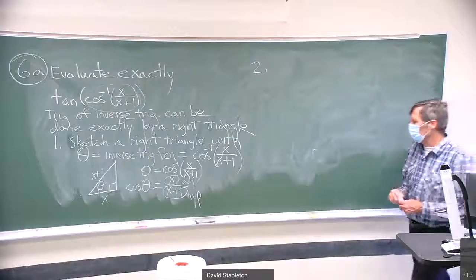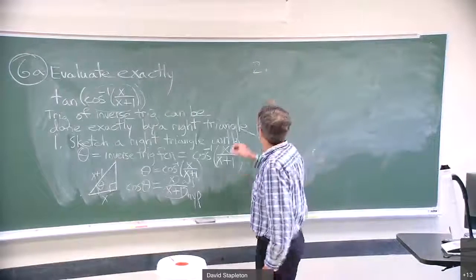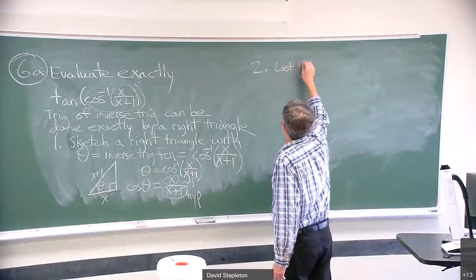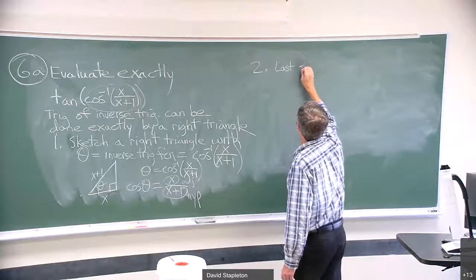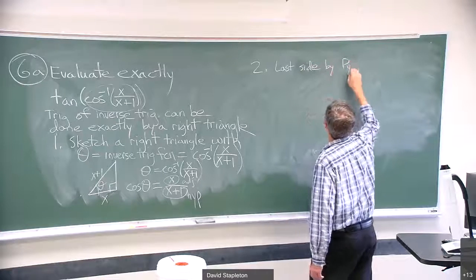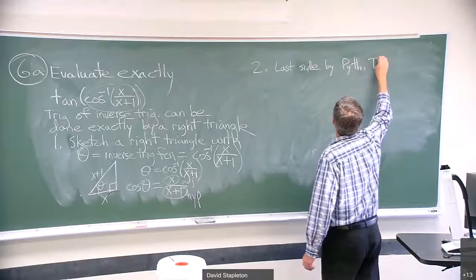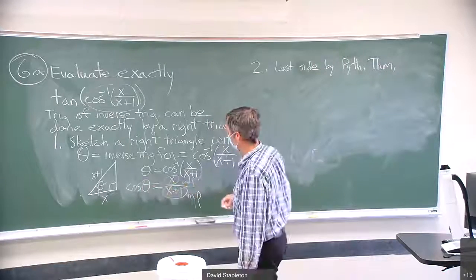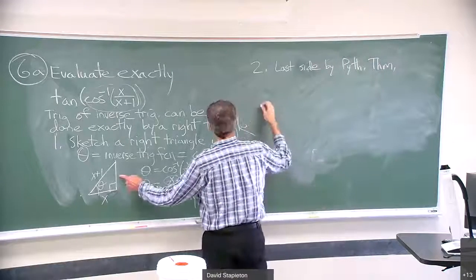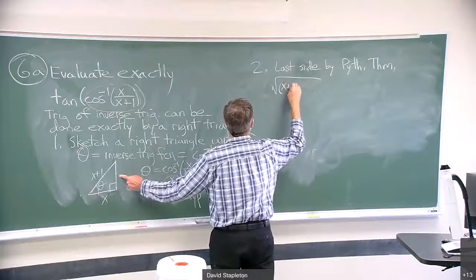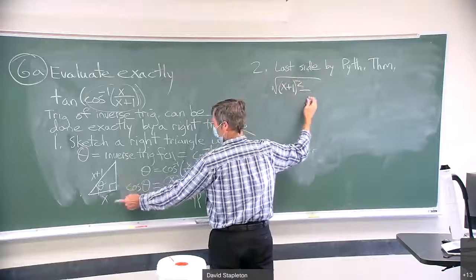Now the second step is to find the last side length by the Pythagorean theorem. So I'll say the last side here, since it's a leg, is the square root of the hypotenuse squared minus the other leg squared.